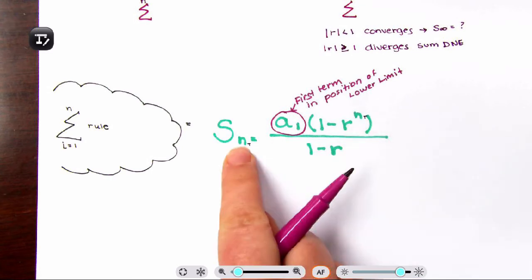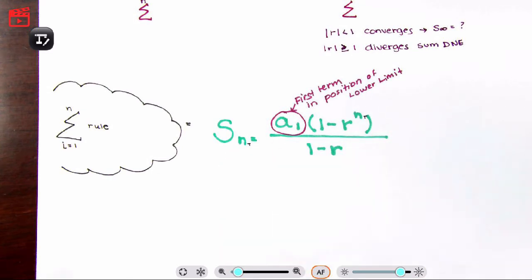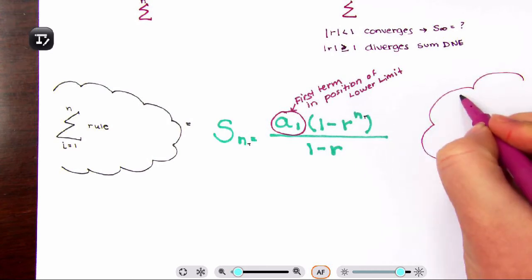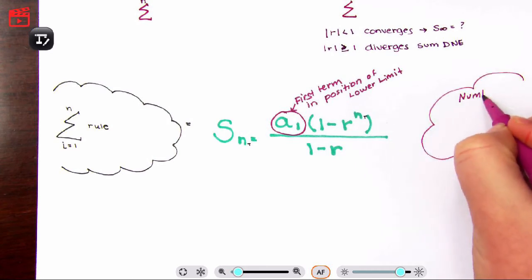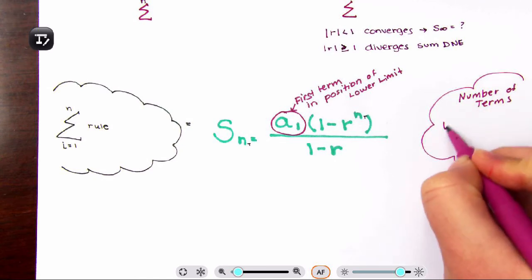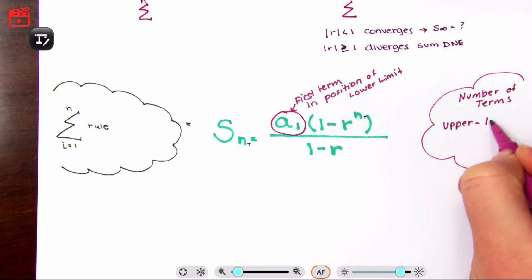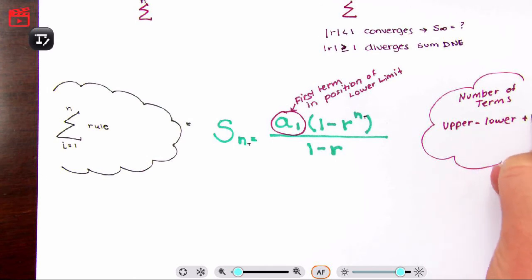We have n. N again is the term number, so how many quantity of terms that we have. Again, let me do that. Number of terms. We do your upper minus your lower plus 1. So make sure you do that every single time.